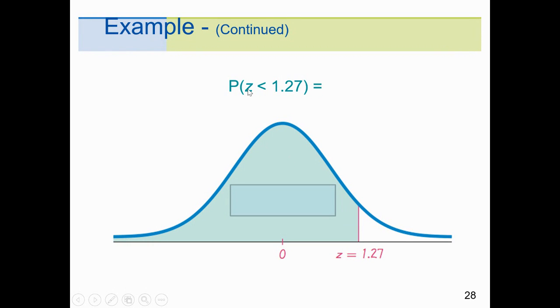The probability that my z-score is less than that. Well, less than 1.27 is the area from this vertical line to the left. Your tables are always left-handed tables. The value that we're given in the table is always to the left of your z-score. So I'm looking for the area that's shaded in green right here, to the left.